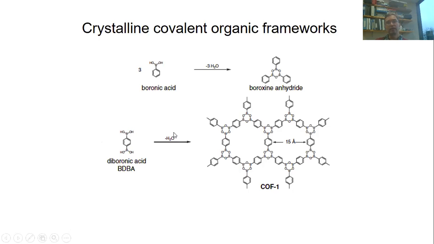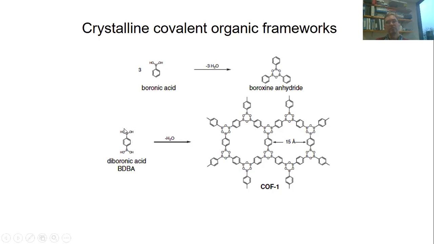The remaining water can attack here at the boron in the form of a nucleophilic attack and cleave the boron-oxygen bonds. But only to a certain extent, so that the system can self-repair, not to an extent that would depolymerize the entire covalent organic framework structure back into the original reactant materials.